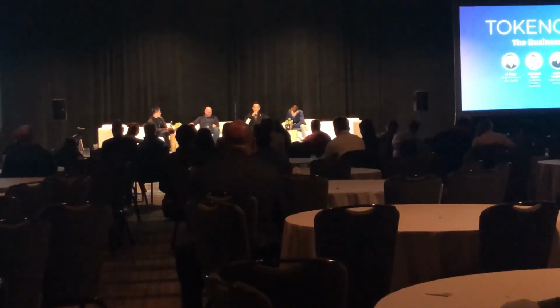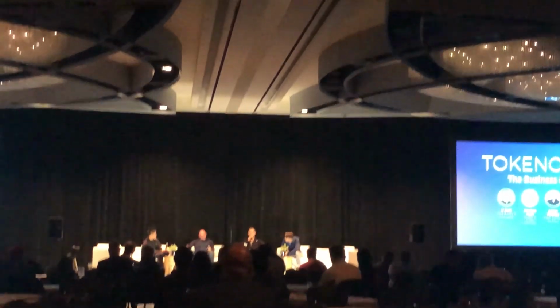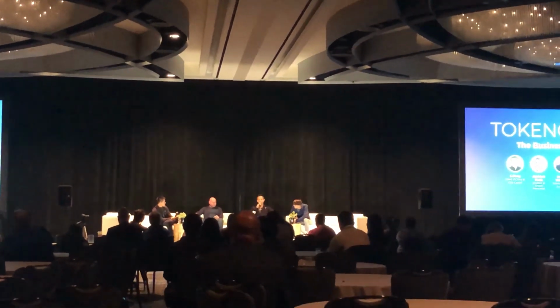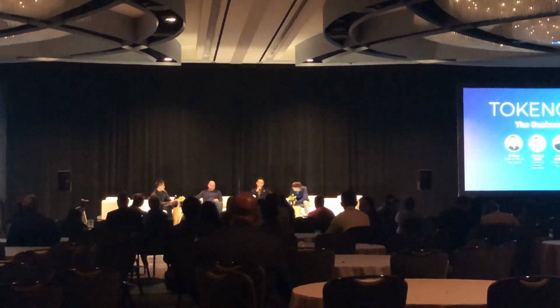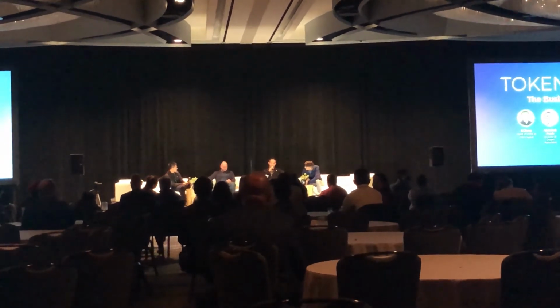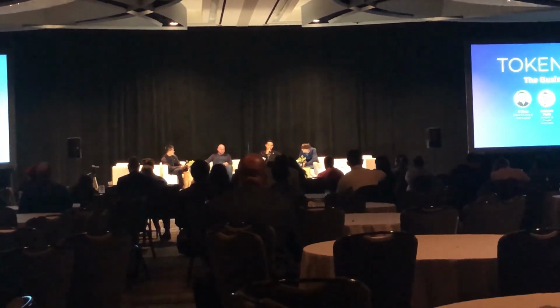I hold a different perspective. I'm aware of a lot of advancement in decentralized exchanges, and of course there are merits to a single currency model as well.